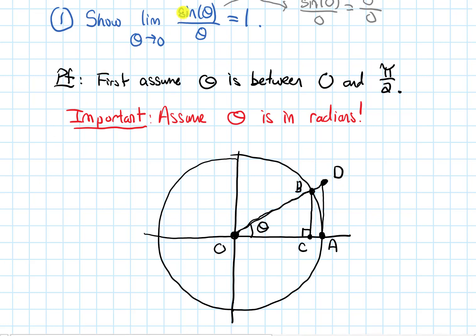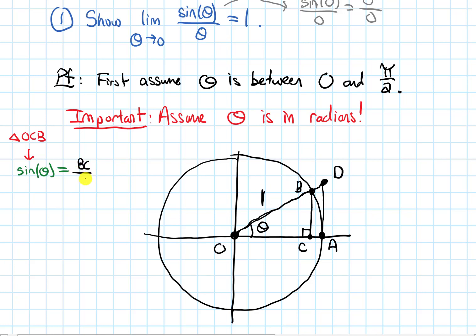So what I'm going to do now is, first I'm going to figure out, okay, what is sine of theta in terms of the lengths that I have in this picture? So sine of theta, if I work with triangle OCB, that right triangle, sine of theta would be equal to BC. Oh, whoops, I forgot to label this as a unit circle, so my radius is 1.